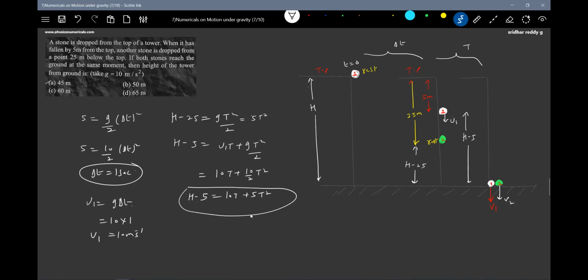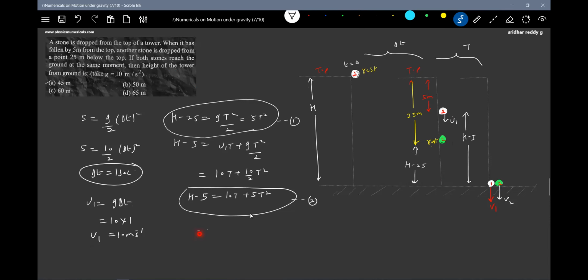On the other side, we should take help of U1 also. U1, I substitute 10T. H minus 25 equal to half GT square, which is 5T square. I'll replace this 5T square here. Let me give number 1.